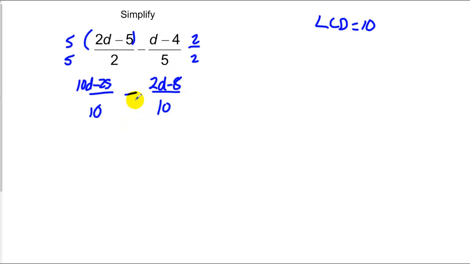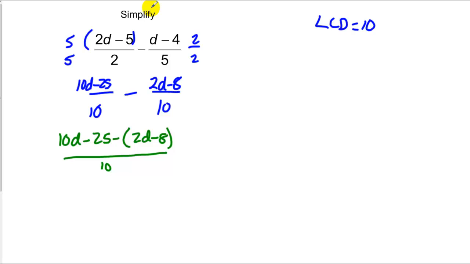And because I have a subtraction of more than one term, I'll rewrite everything and say that's 10d minus 25 minus the quantity of 2d minus 8 over 10. Remember, there's that invisible 1 right here, which I need to distribute through. So this is 10d minus 25 minus 2d.